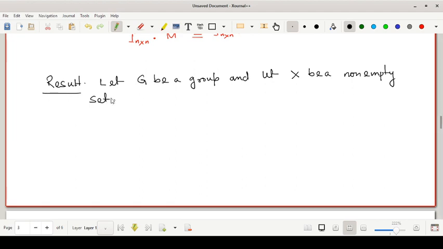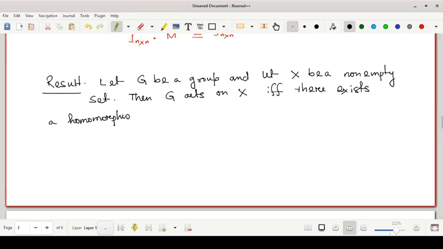We are finding a necessary and sufficient condition for the existence of an action of G on X. Then G acts on X if and only if there exists a homomorphism of G into S_X. So see, group action is deeply connected with the permutation group.